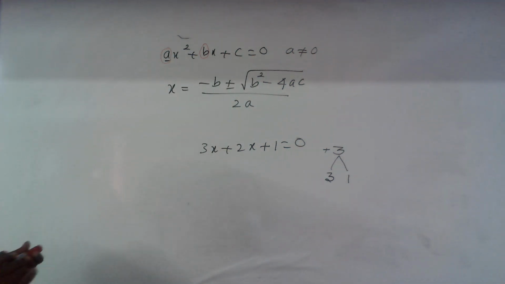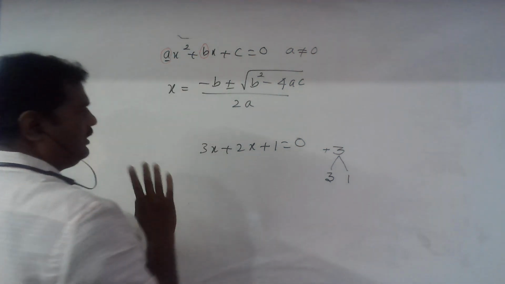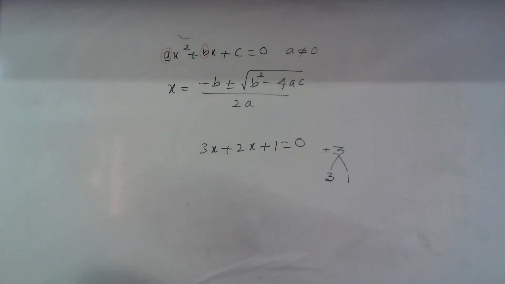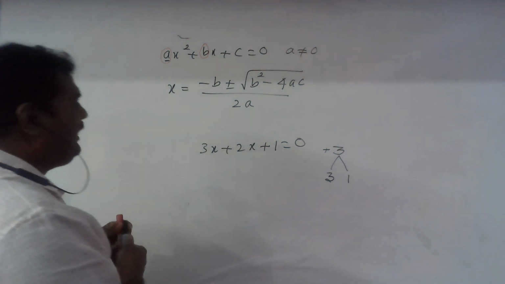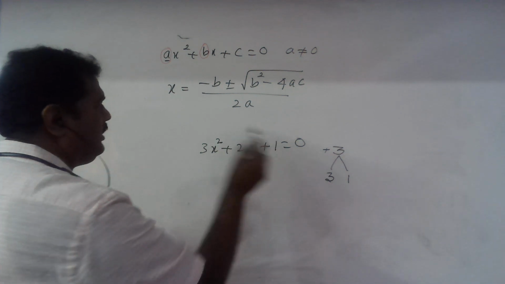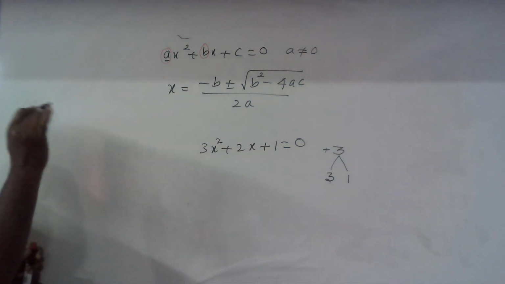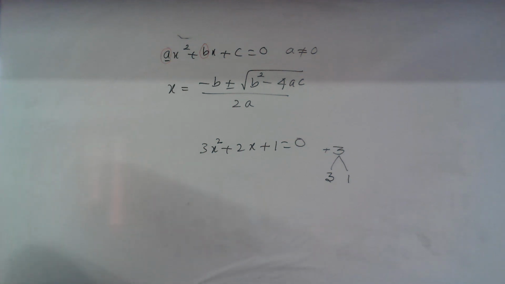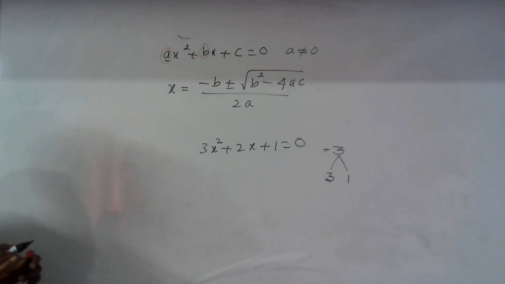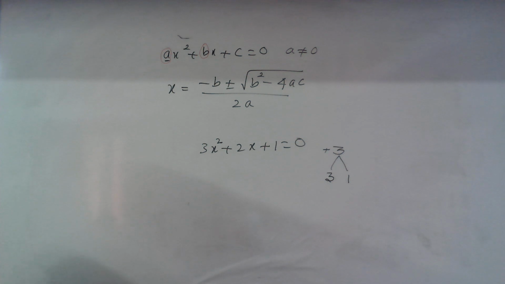So now to find these coefficients a, b, c, the first condition is you have to arrange the quadratic equation in the standard form only, that is ax square plus bx plus c equal to 0. Then you have to find the values of a, b and c.